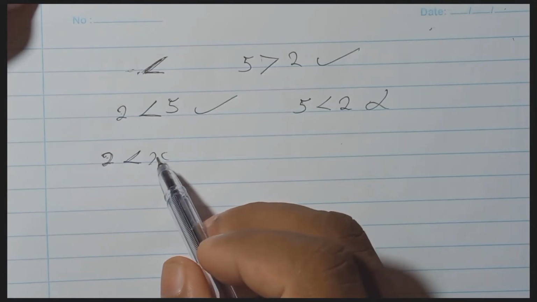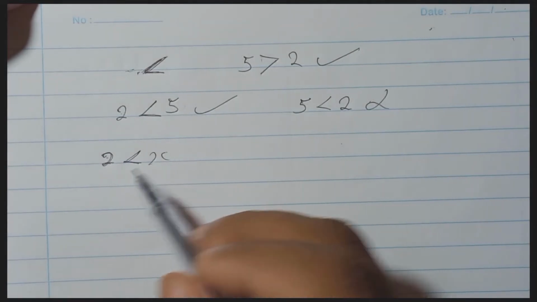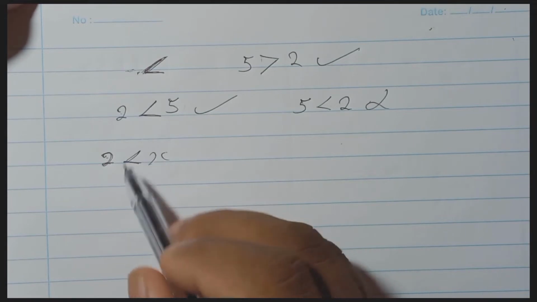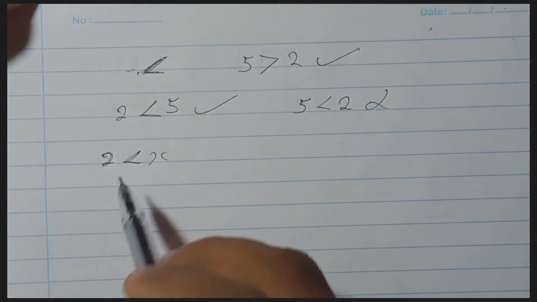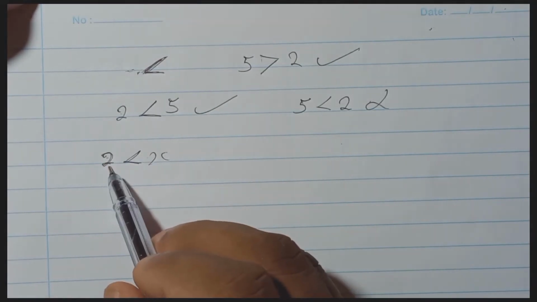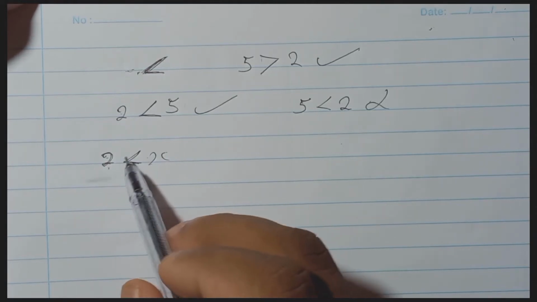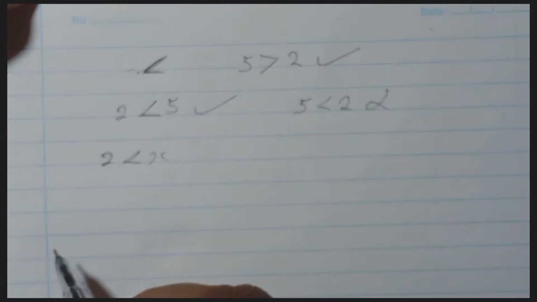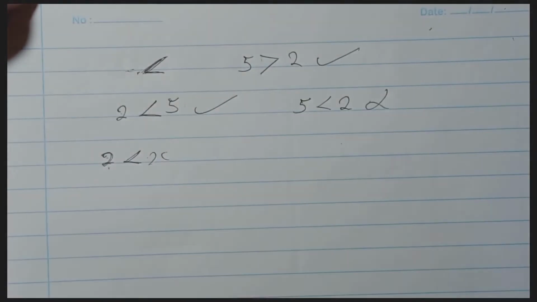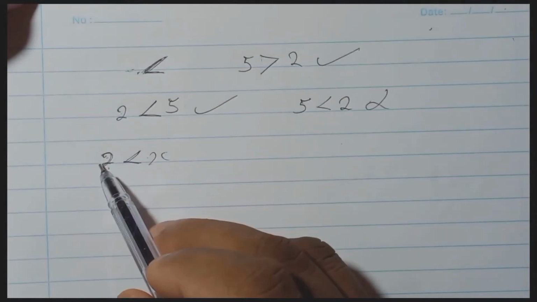So x can be anything, but x must be greater than 2, right? Or someone can say it the other way, that 2 is lesser than x. Here x is the thing, and we need to find the answer: x should be greater than 2.